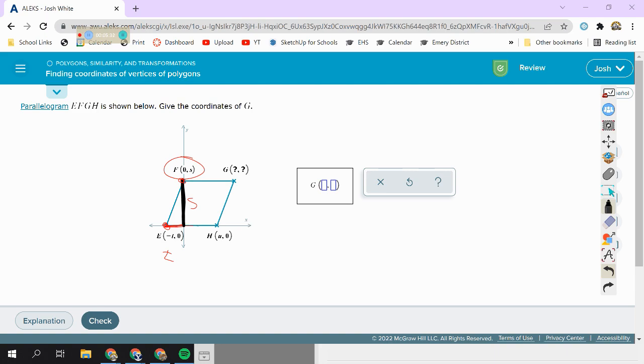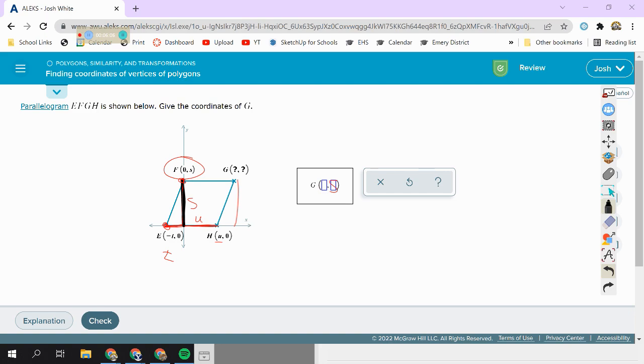Okay? How big is this length? That length is U because the x coordinate is U. So where is G? How tall is point G? So the height of G is going to be the same as the height of F. So the height is S. Okay?